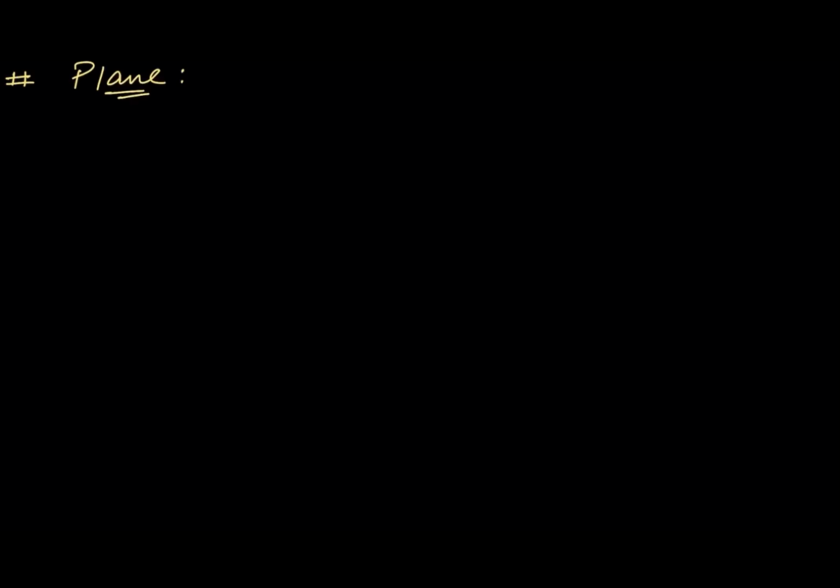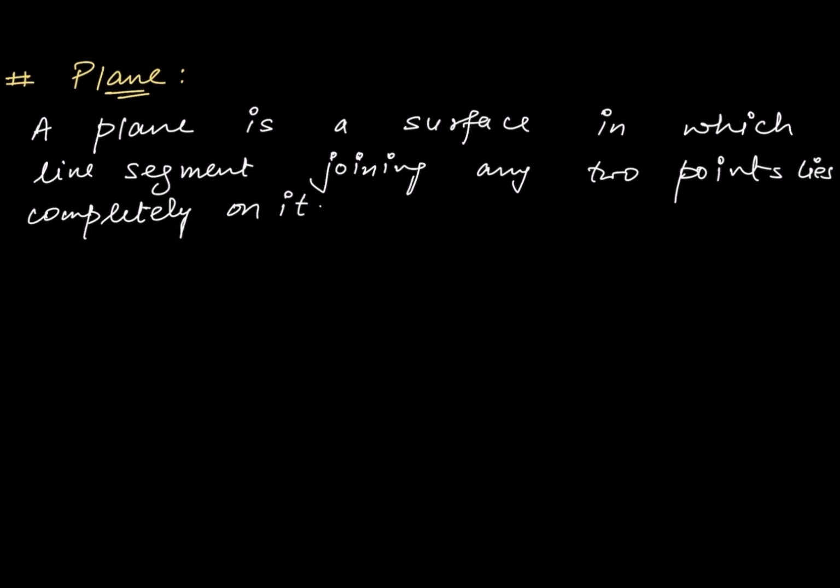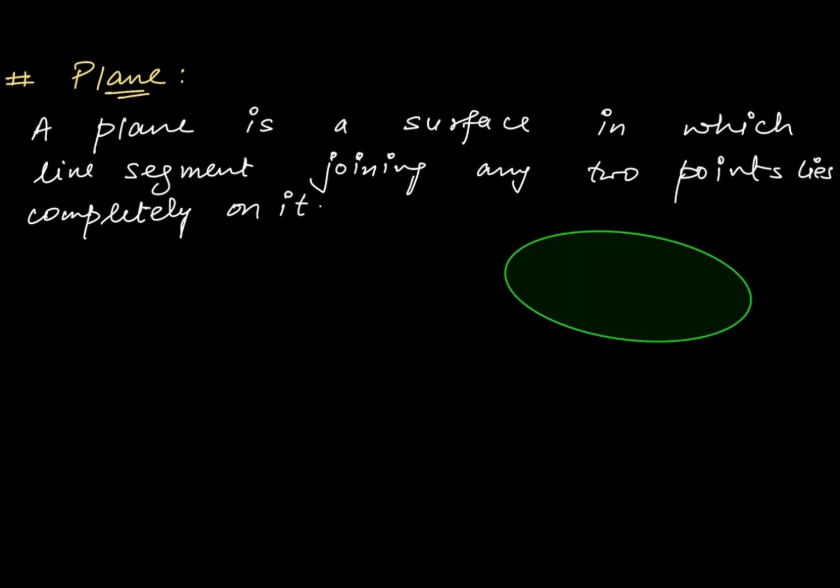In this, we will write: a plane is a surface in which the line segment joining any two points lies completely on it. Okay students, what I'm saying, understand this using this figure.